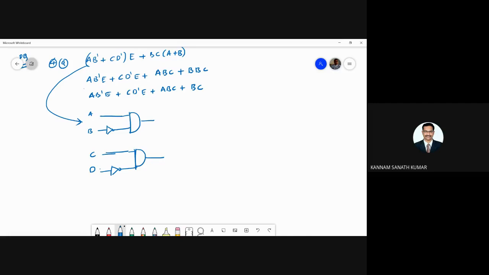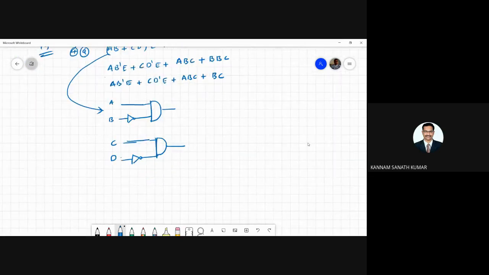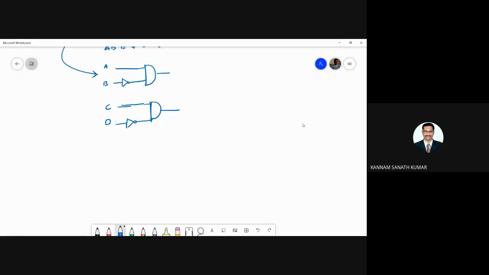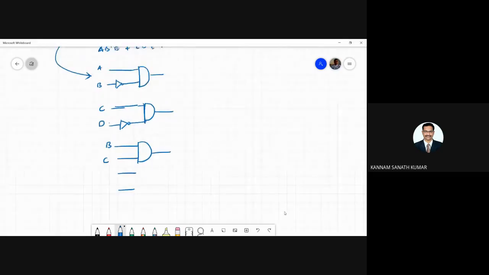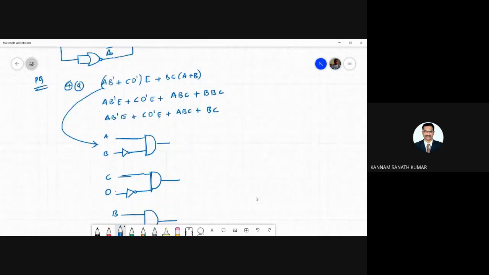Now BC and A plus B. Here this is BC, and A plus B is connected with an OR gate.